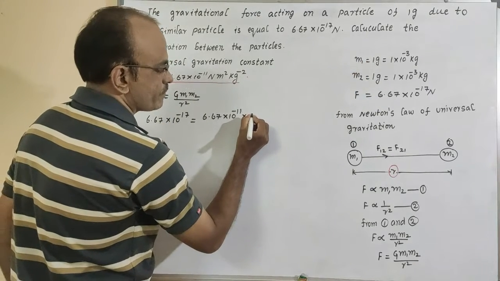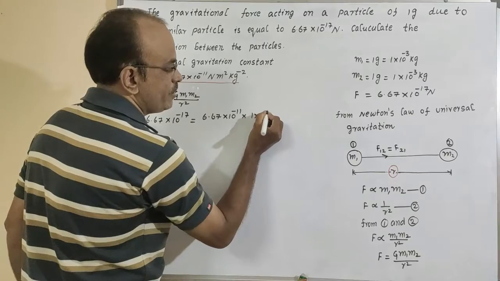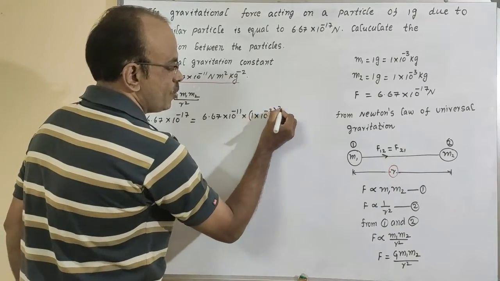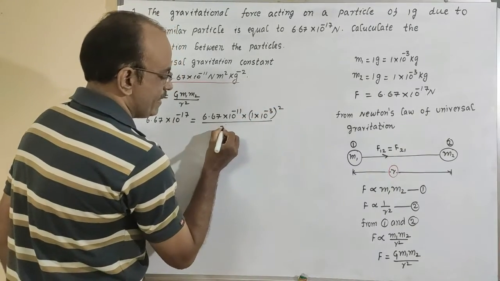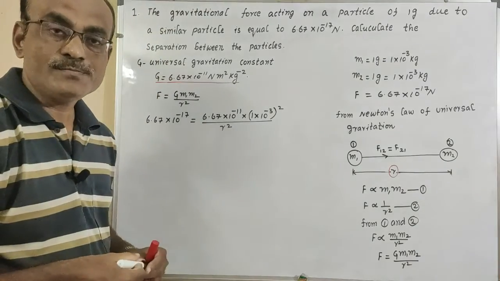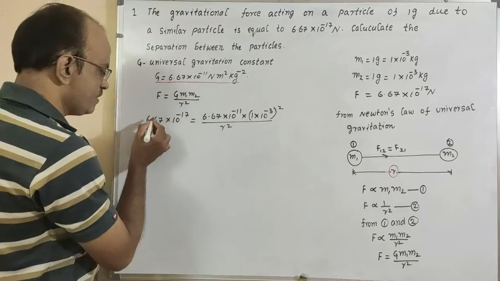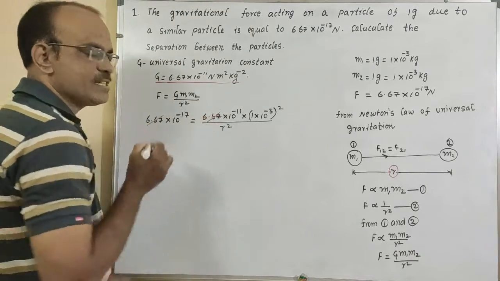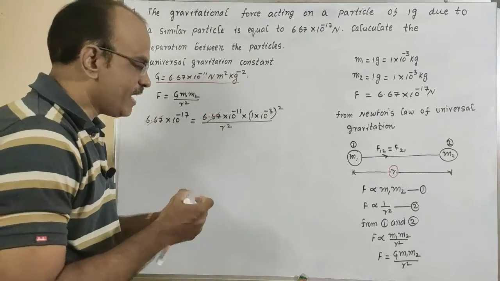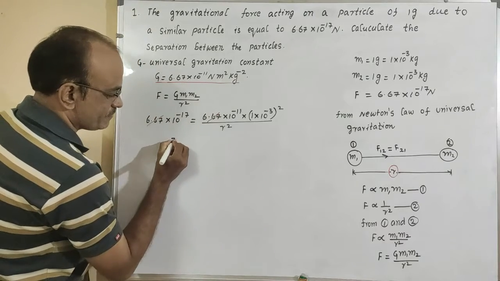So that's why 1 into 10 to the power of minus 3 whole square divided by r square. Now, what are the cancellations on LHS and RHS? 6.67 and 6.67 get cancelled. Now, r square will come this side.